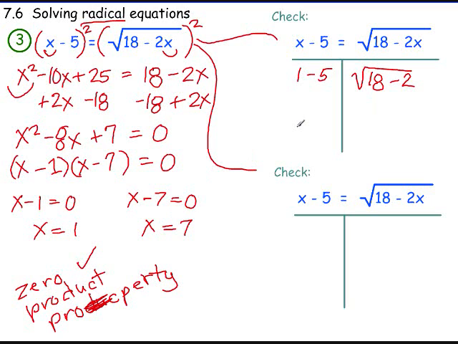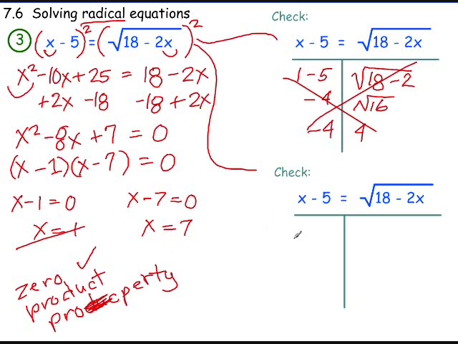Because 2 times 1 is simply 2. So over here I'm going to have a negative 4. And here I'm going to have the square root of 16, a negative 4, and a positive 4. This does not work. This one is extraneous.